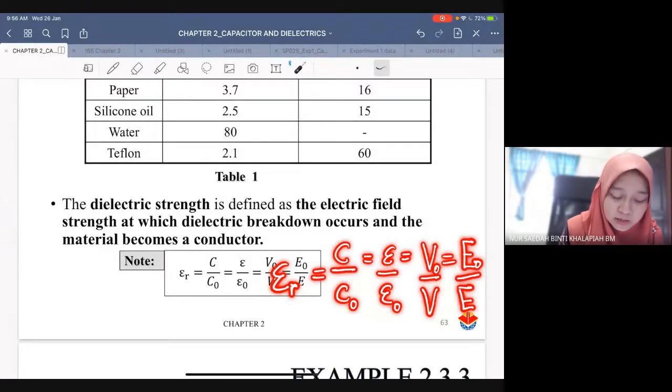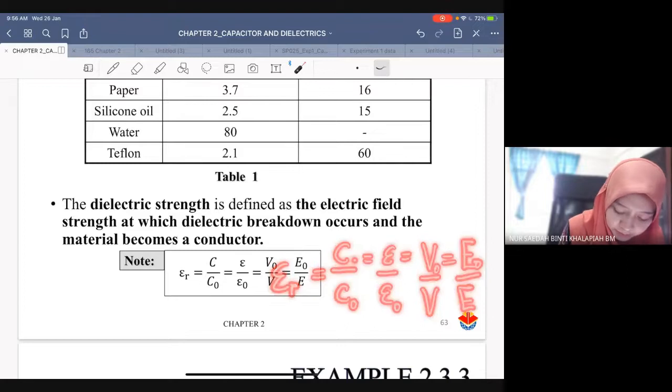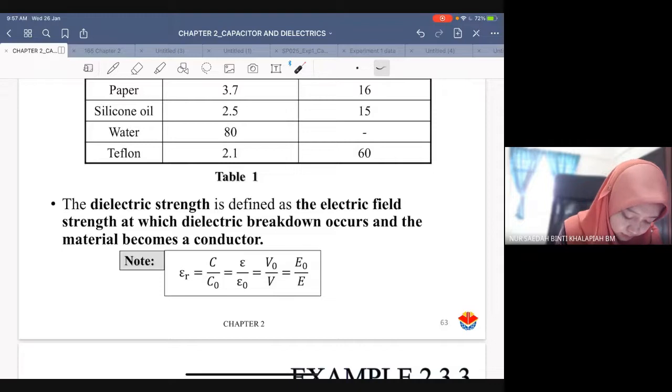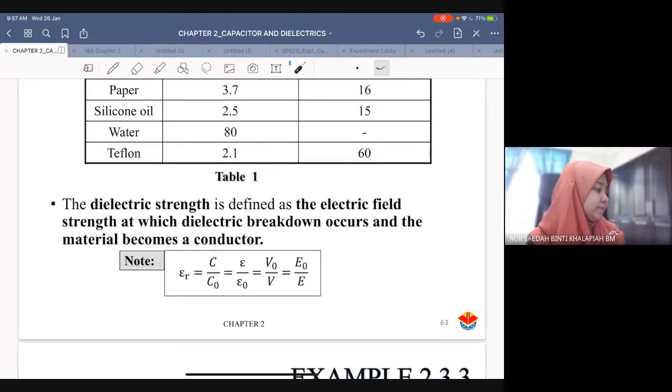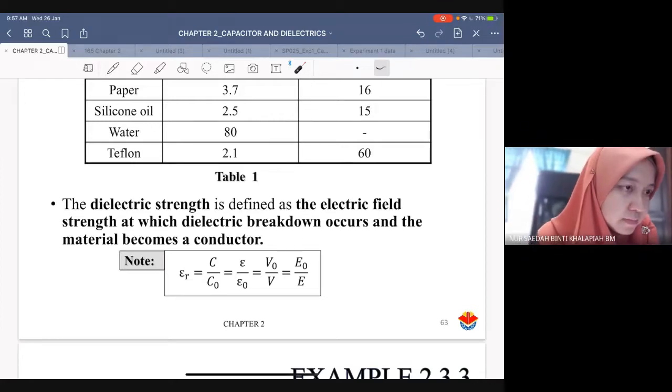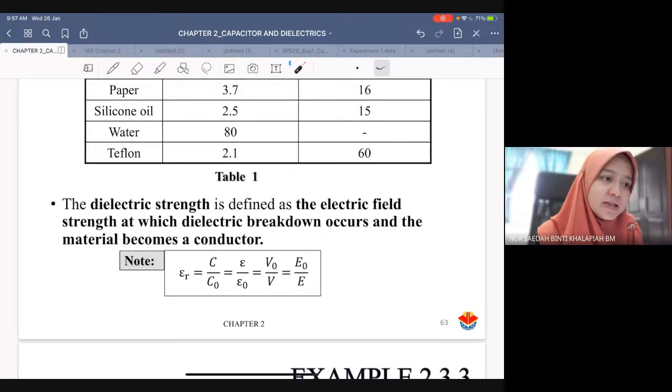Okay, Madam nak tanya. Apa maksud C? Apa maksud C not? C tu apa? Kapasitor. Kapasitor yang ada dielectric kan?